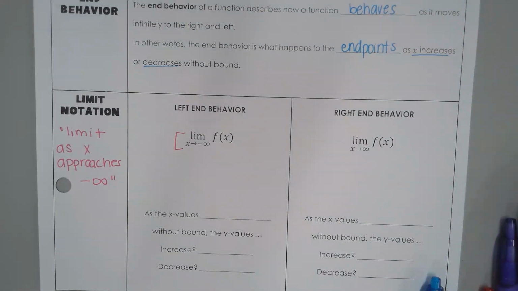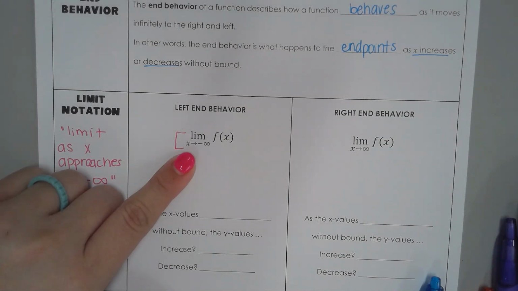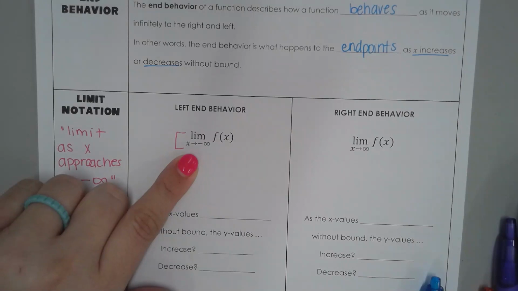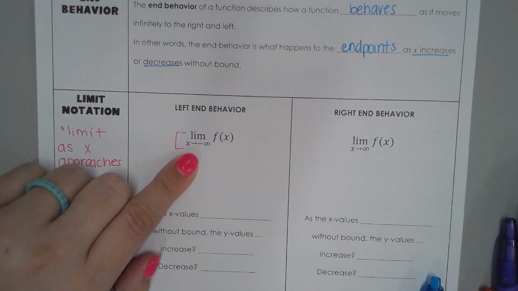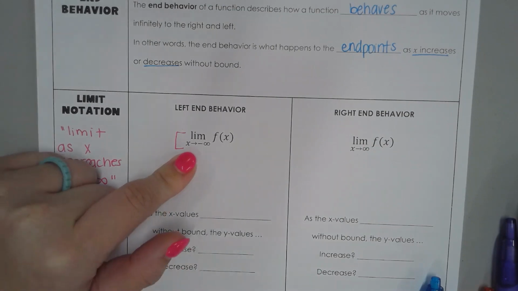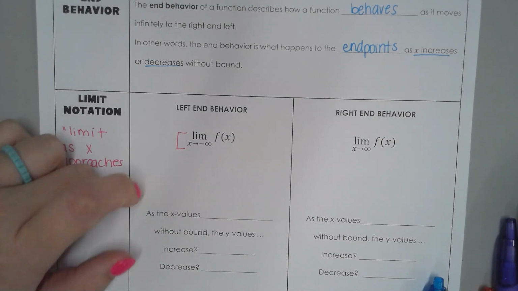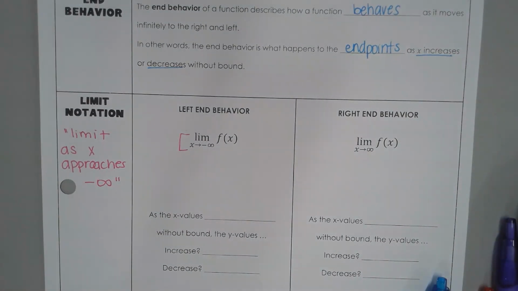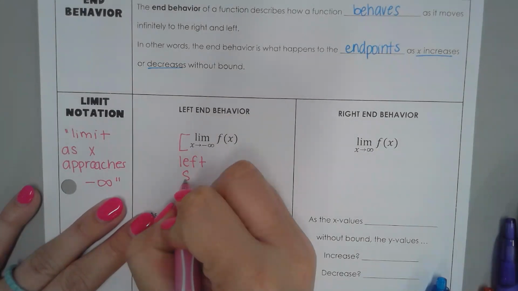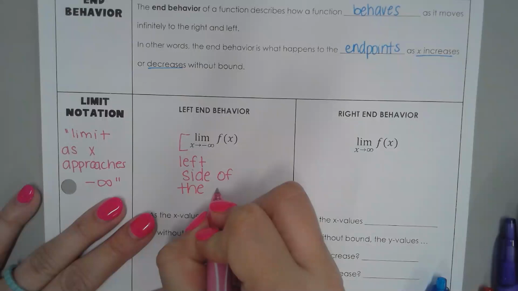That's how I would read that. As x goes to negative infinity, that's the left. If you think about a number line, your x values go from -1 to -2 to -100 to -1000. That's on the left. So this is the left side of the graph.